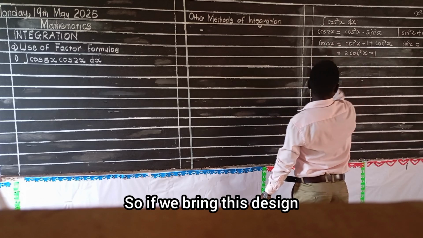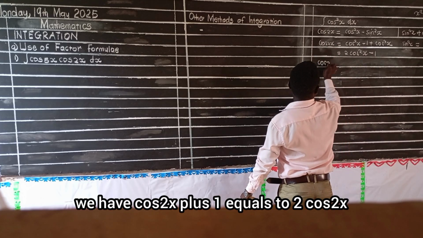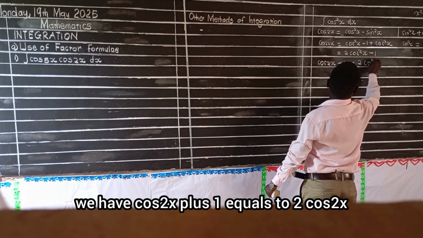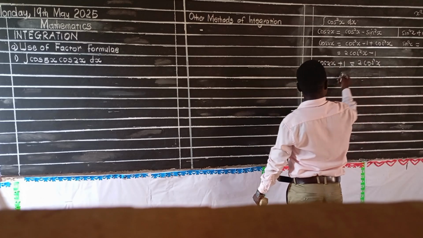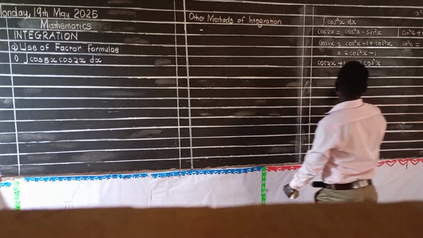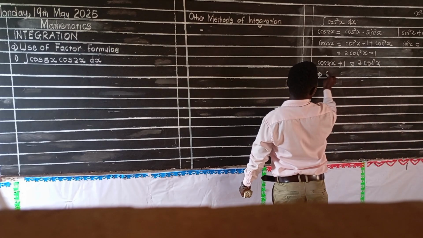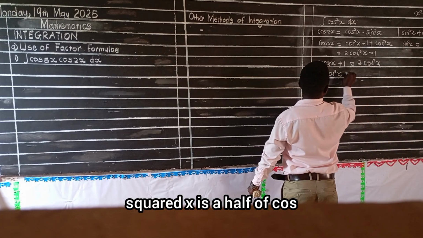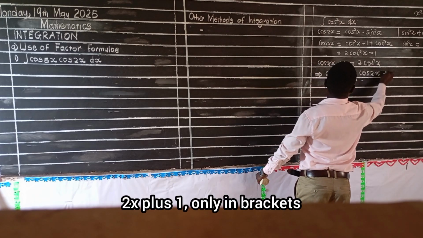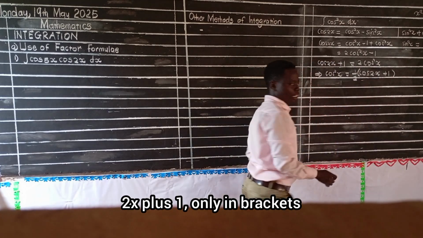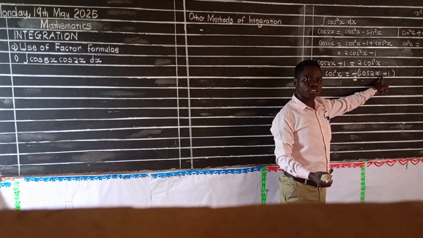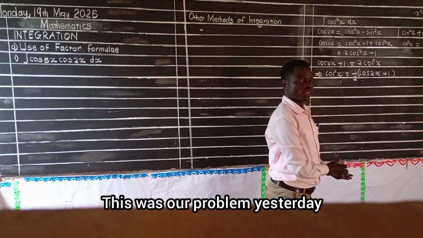So if we bring this side, we shall have cos 2x plus 1 equals 2 cos squared x. Then we try to make cos squared x a subject, where we realize that cos squared x is a half of cos 2x plus 1 all in bracket. Therefore, we went ahead and now integrated this. This was our problem of yesterday.